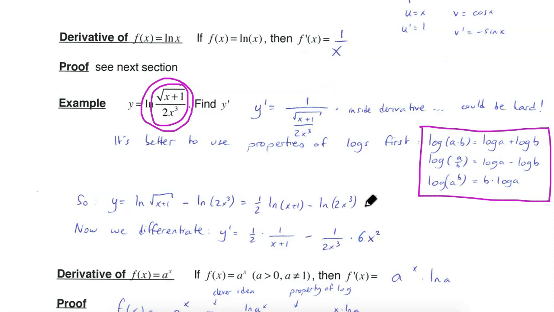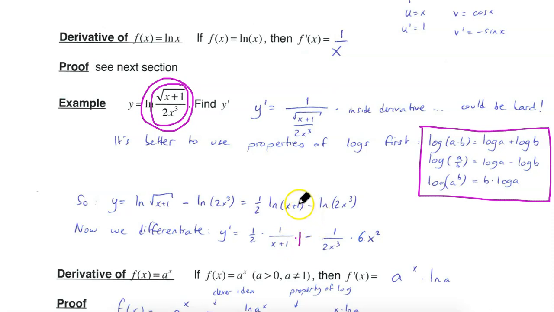So what's the advantage? Well, now taking the derivative of this is going to be much nicer than taking the derivative that we started earlier and gave up on. The derivative of 1/2 times ln of x plus 1 is just 1/2 times 1 over x plus 1. This is the derivative of ln. And then we could say that we have to multiply by the inside derivative, but this is just times 1.